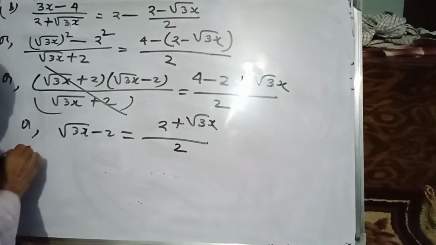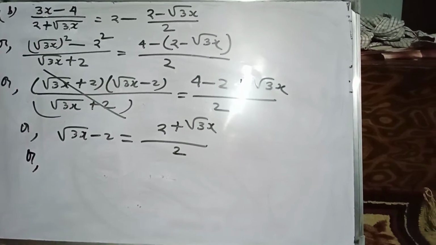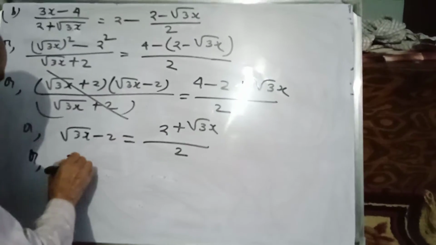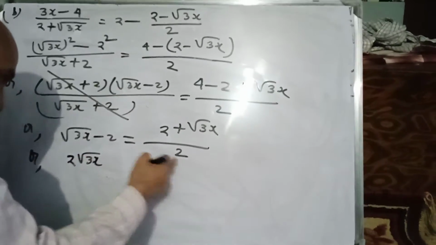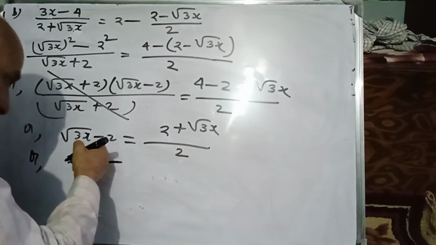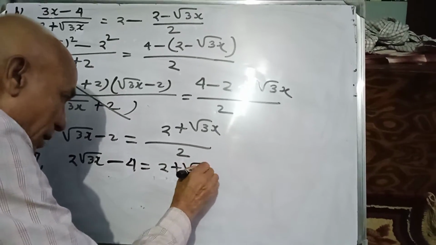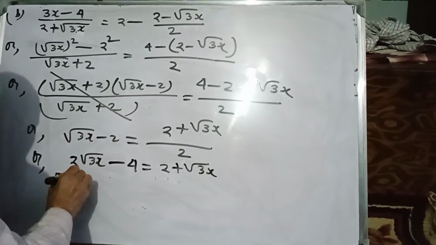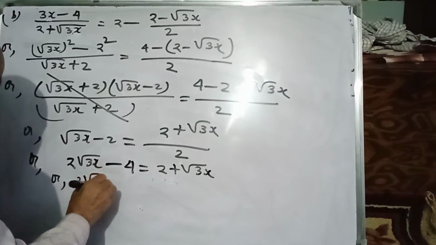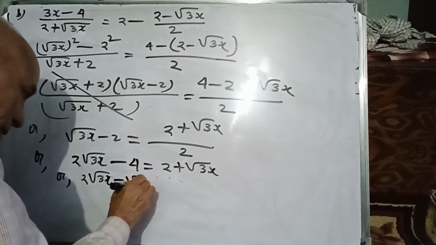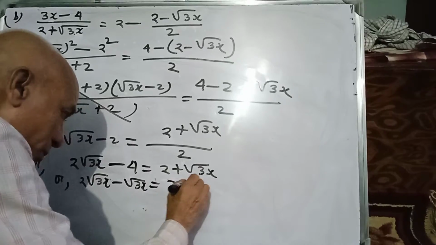Now cross multiply. 2 root 3x on like terms, 2 to the 4, 2 plus root 3x, or 2 root 3x minus root 3x equals 2 plus 4.